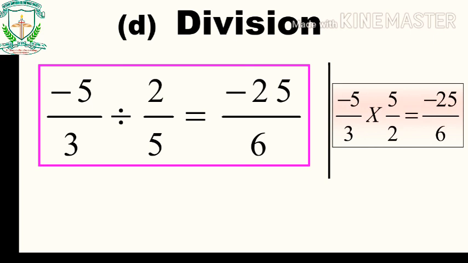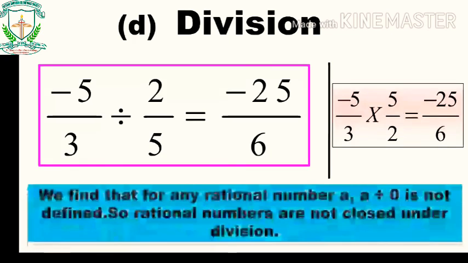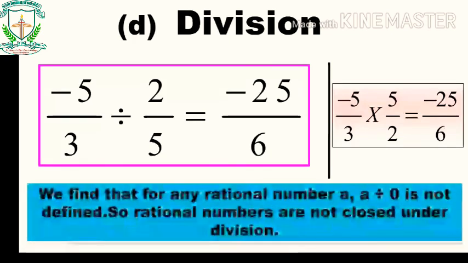Since this does not hold true for 0, therefore we can say rational numbers are not closed under division. We find that for any rational number, a divided by 0 is not defined, so rational numbers are not closed under division. Thank you.